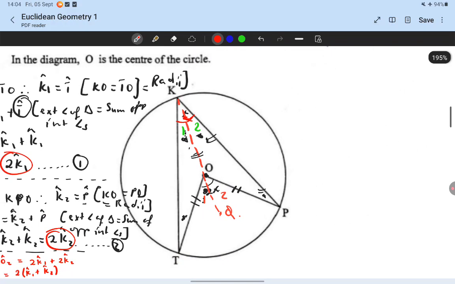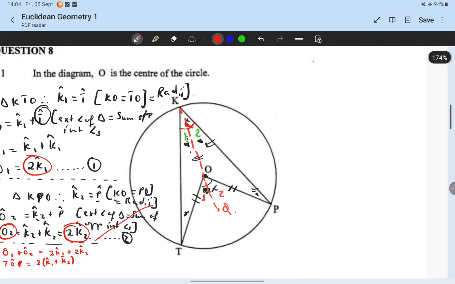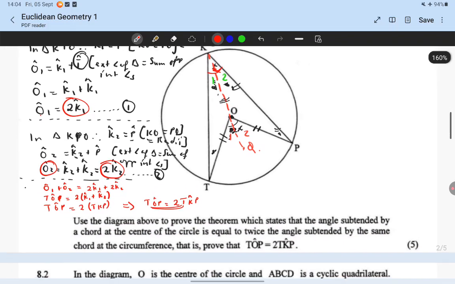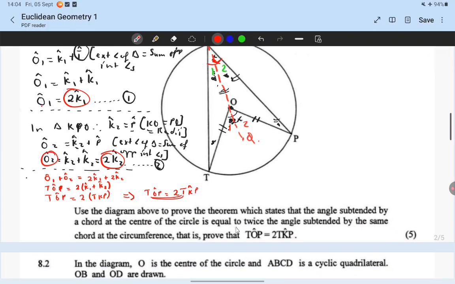So now we can just replace K1 plus K2 with that, right? So it means that our TOP will be equivalent to 2 multiplied by what? By TKP, which therefore means that our TOP is equivalent to 2 multiplied by TKP, which is what they wanted us to prove.